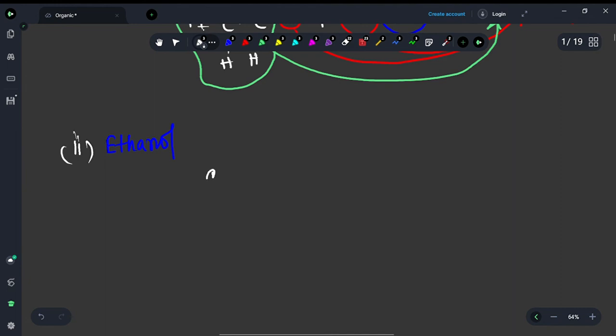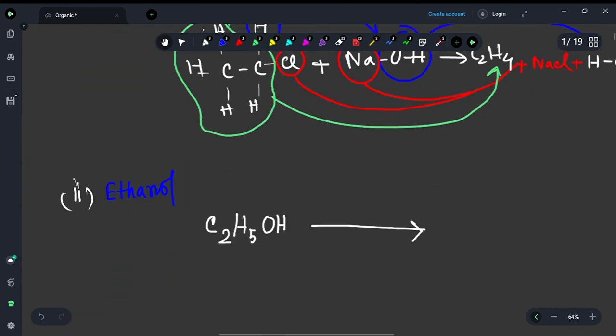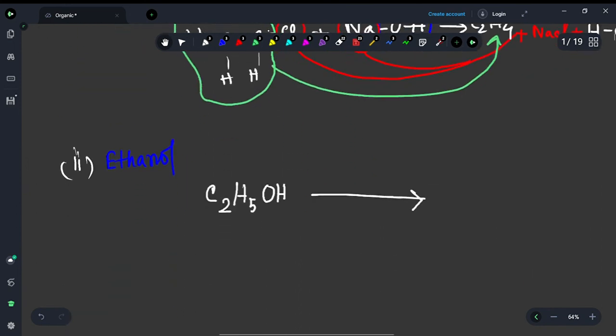So its formula is C2H5OH. So that's the formula of ethanol, C2H5OH. And in the presence of a catalyst, so in the previous reaction, no catalyst, nothing was required. It just automatically did that in atmosphere. But now we need some catalyst.